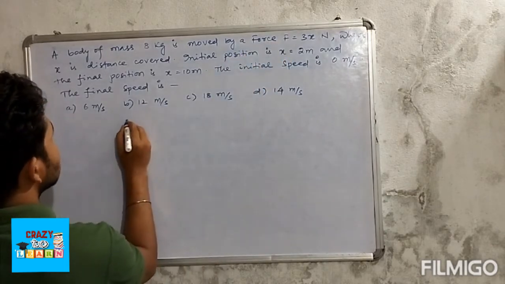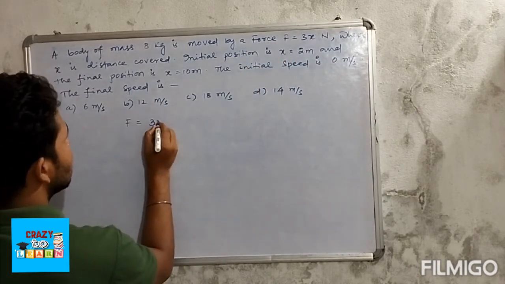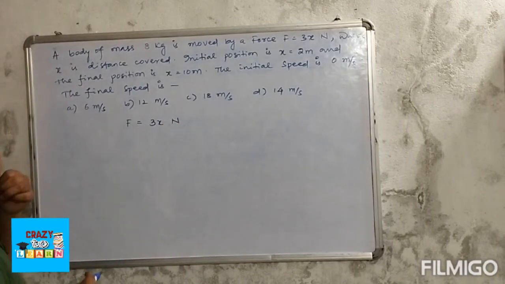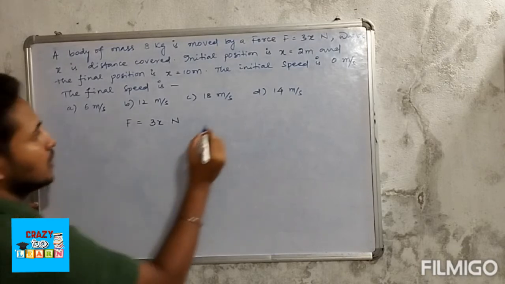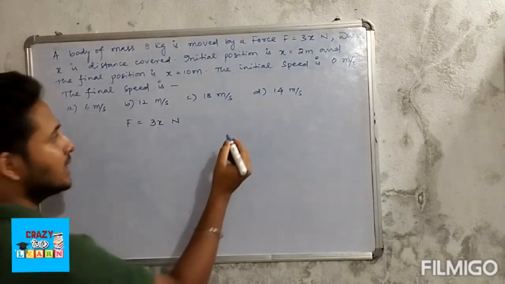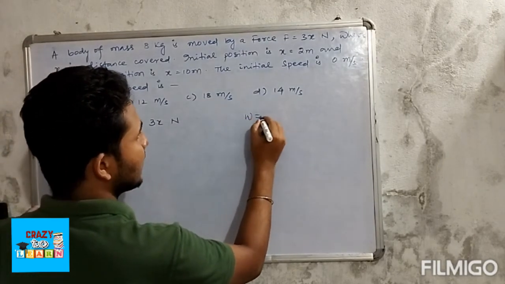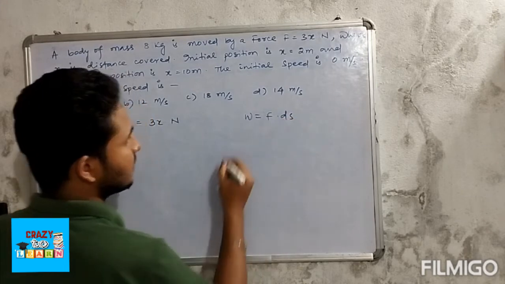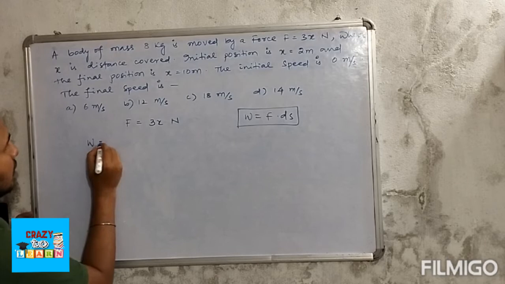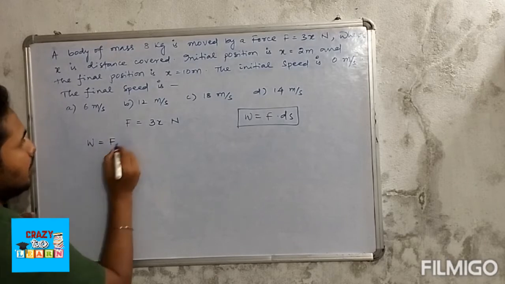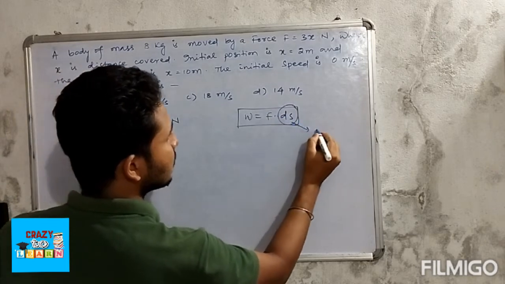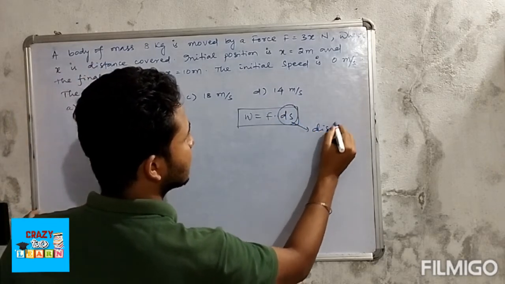The force F is given to you as 3x Newton, and we know that W is equal to F dot ds, where W is work done and ds represents the displacement.